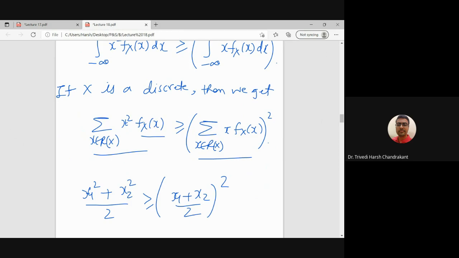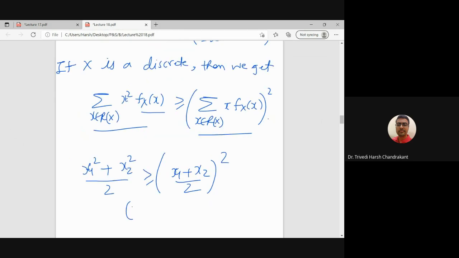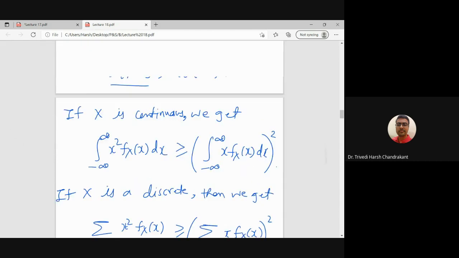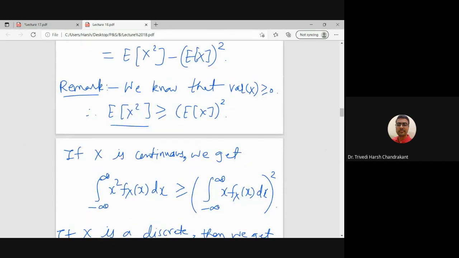For numbers x1, x2, you can extend it to n numbers also, with a uniform discrete random variable with n outcomes. So this is a special version of Jensen's inequality. Jensen's inequality has many versions. This is what we get in terms of numbers, but what we have received as a random variable is this information.